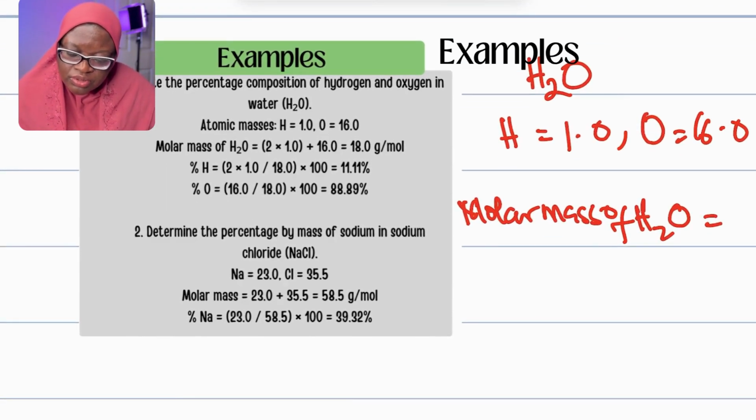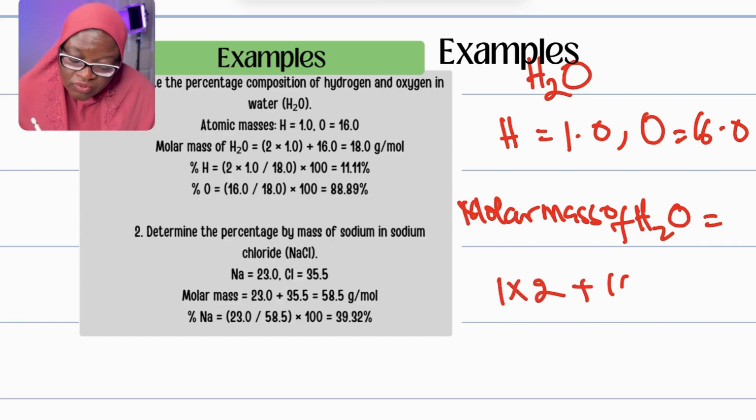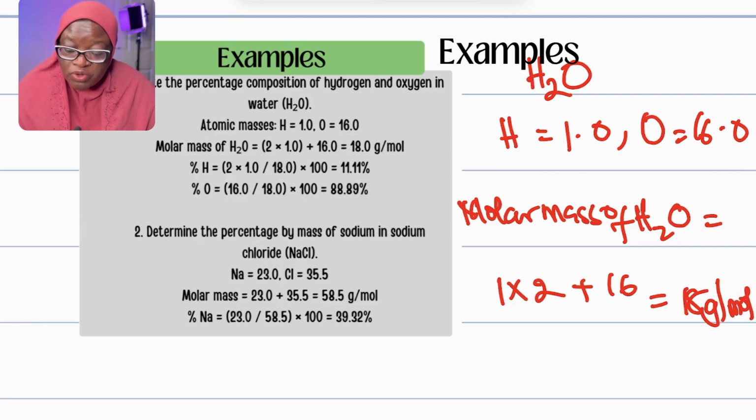You have two hydrogen, 1 times 2 plus 16, and that is going to be 18 grams per mole. That is, in 1 mole of water, this is the mass per mole. 1 mole of water has 18 grams of that material in there.